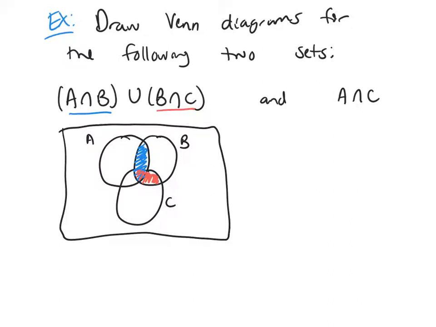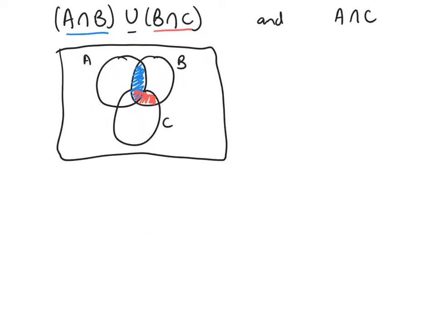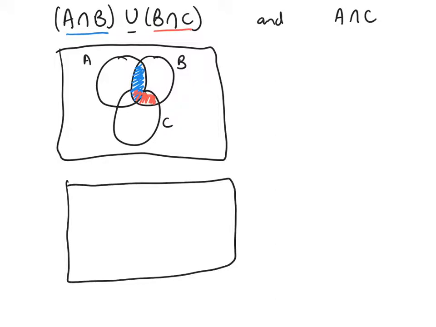And here, what am I doing between them? I have a union, which means my final result for this Venn diagram will be anything that was shaded in at all. So the Venn diagram for this set would look like this.